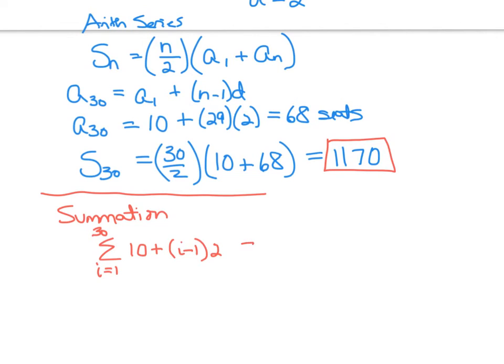Now, to finish this off, we can simplify this and say this is the sum from I equals 1 to 30. If I distribute the 2 times the I and the 2 times the negative 1, putting together the like terms, I get 8 plus 2I. So if I just added together all 30 of those answers, I would get 1,170 as well.